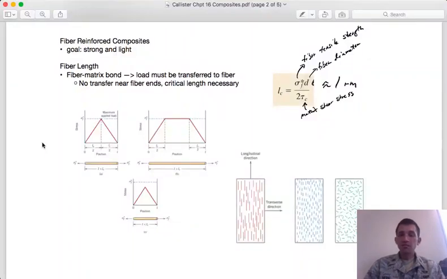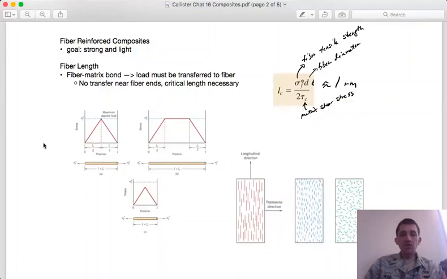Steels are dense, they're heavy, and so what we're doing with fiber reinforced composite is trying to get the strength of steel with the lightness, say, of a polymer. And by adding these fibers, one of the key things is that the fibers are long enough to be an efficient reinforcement.